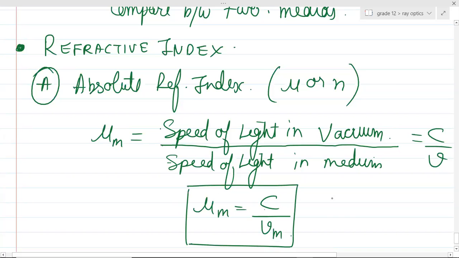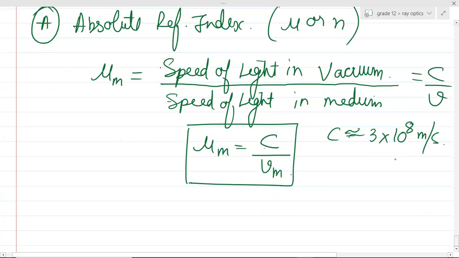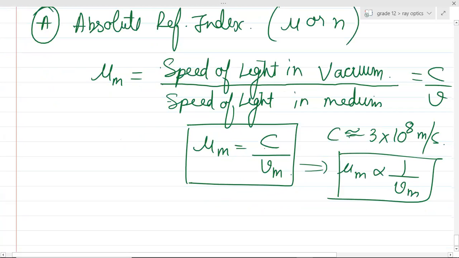Please remember, c is a constant, right? And what is the value of c? Approximately 3 into 10 to the power 8 meters per second. It's the constant speed of light, and so from here you can clearly say refractive index is inversely proportional to velocity. The more the speed, the less the refractive index.